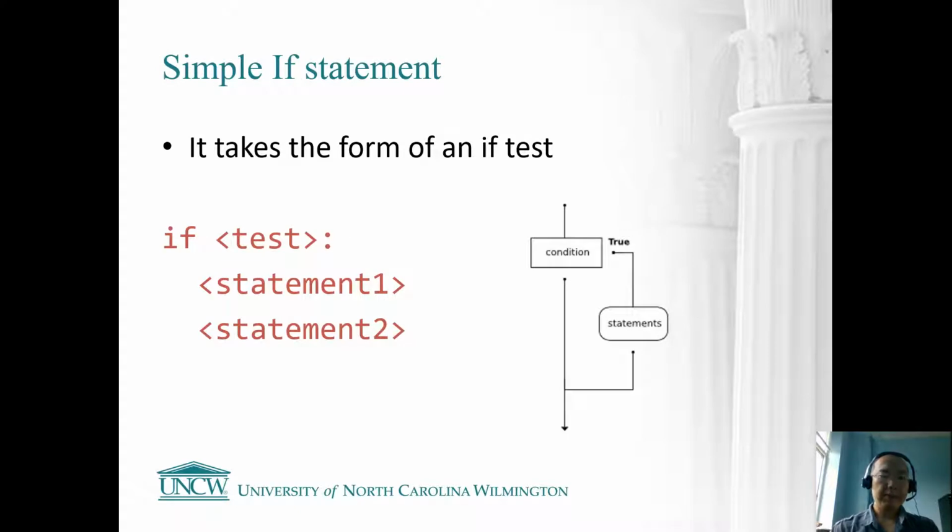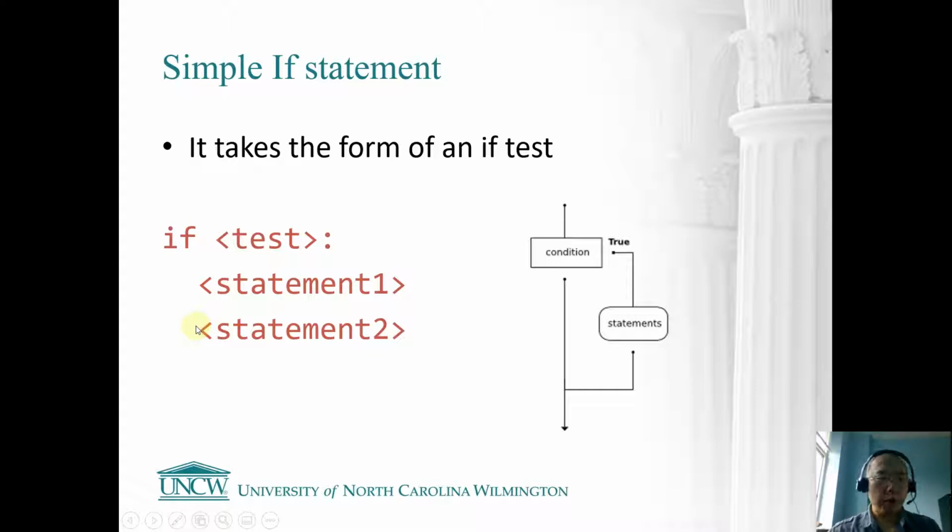The syntax of if is quite simple, and we only talk about if first. The keyword is if, and after the if we want to test a specific condition. Here there is usually a Boolean expression. If this condition gives you a true, then you will enter the body of a code block.